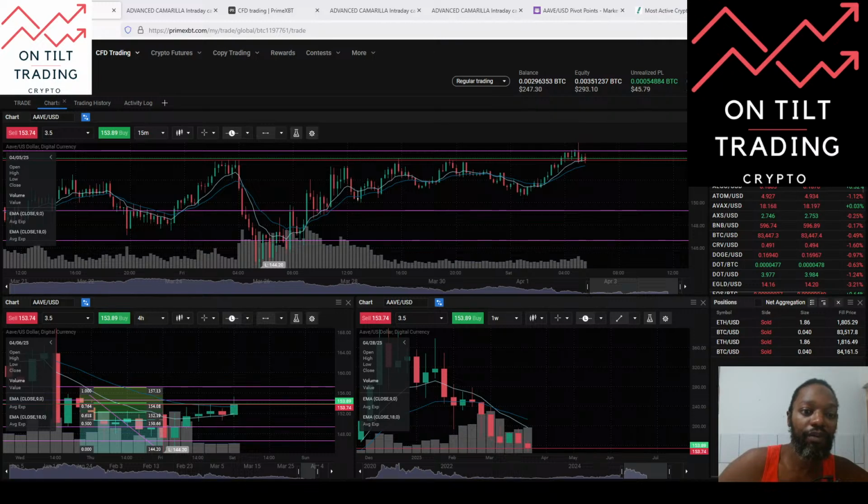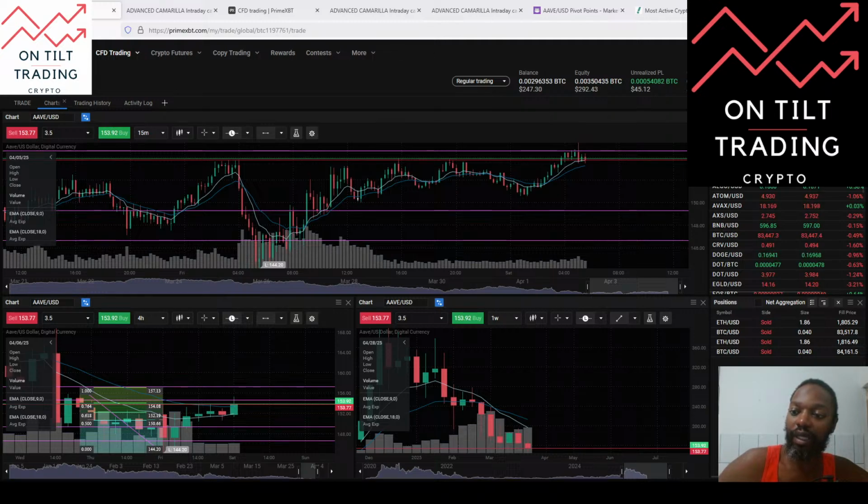This would be like a pre-market area. This would be like the Open here, and then this would be the afternoon over here in this area. So very high volume day yesterday.